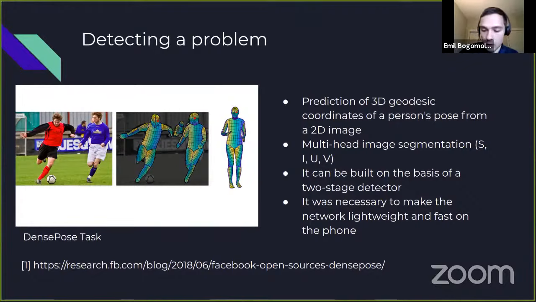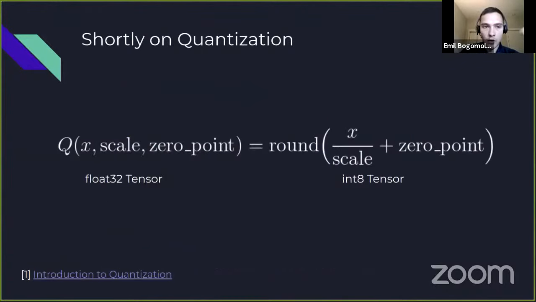So how to achieve such performance? First of all, you need to use very lightweight neural network backbones and do some tricks with the trained neural networks. For example, we tried to use quantization. Shortly on quantization, what is it about?